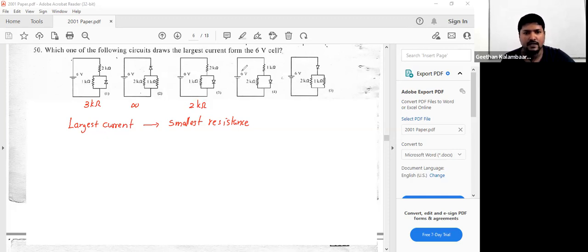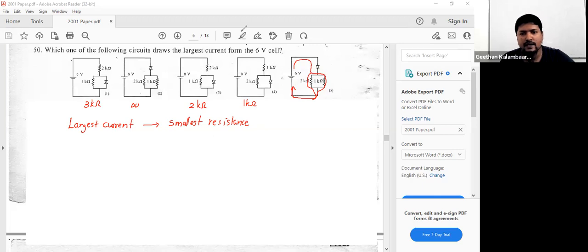When you take the fourth one, the current will go in this path again. No one will use this 2 kilo ohm path. So here the resistance is 1 kilo ohm. So by far the answer is the fourth one. And in this one, the current will get divided in both ways because that is in forward bias.